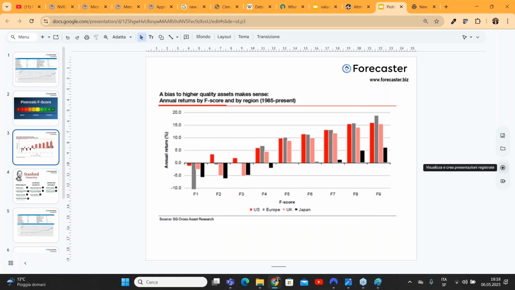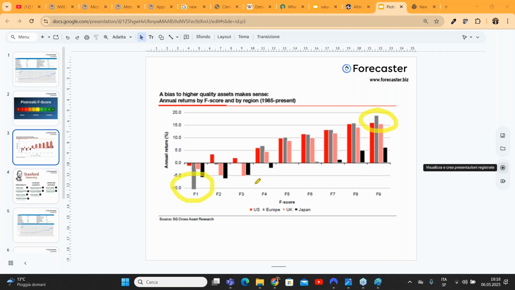And they realized that if you buy only companies with a Piotroski score of 9, you outperform the average of the market. And the same happens at the opposite side.